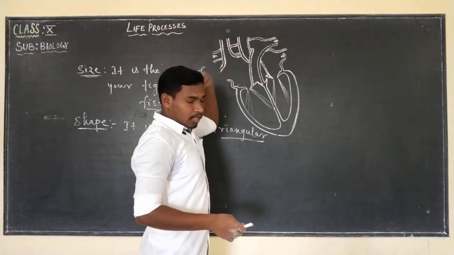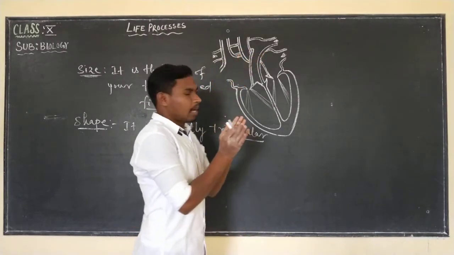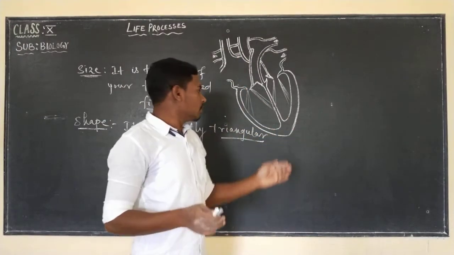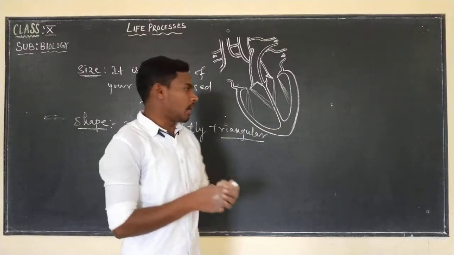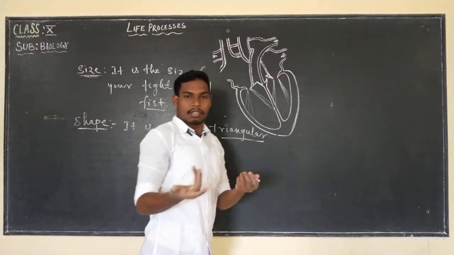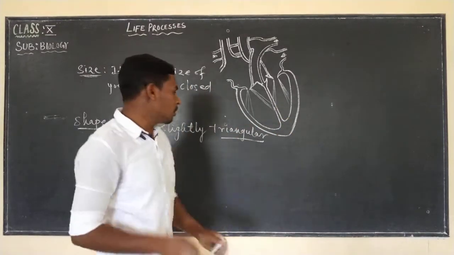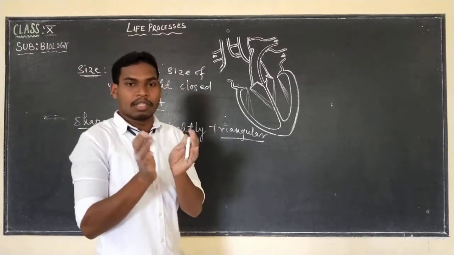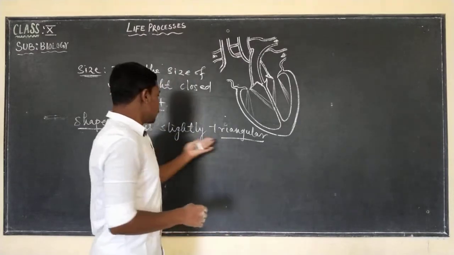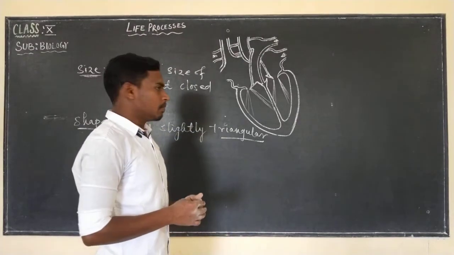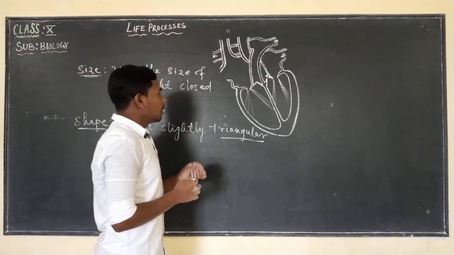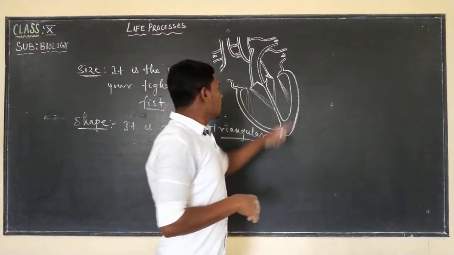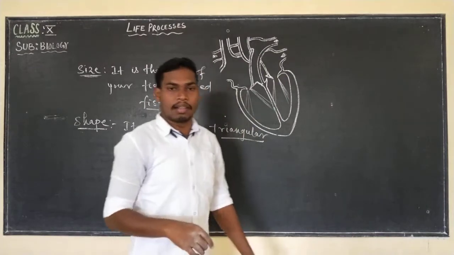The base of the heart is slightly broader, and the apex of the heart is slightly narrower. So this gives the shape of a triangle. So the heart is slightly triangular in shape. And in the previous class we saw how the blood flow takes place in the heart.